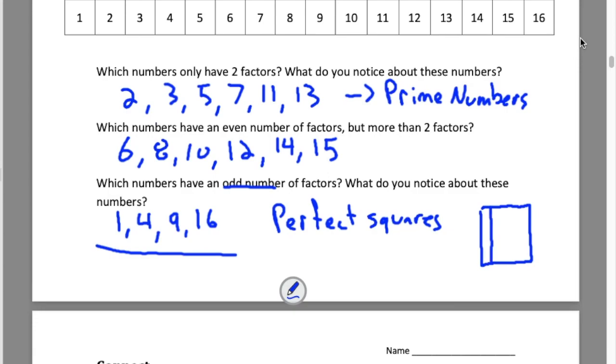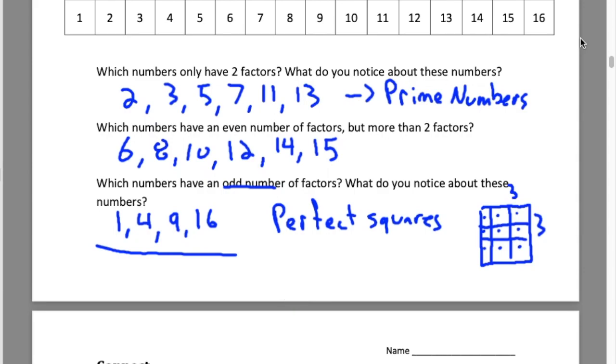Well, if I cut this into sections of 3 and 3, I get an area on the inside of 3, 6, 9, and a nice even number on the outside that's the same. So 3 times 3 equals 9, which means 9 is a perfect square.